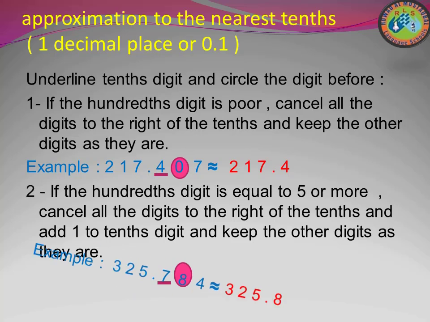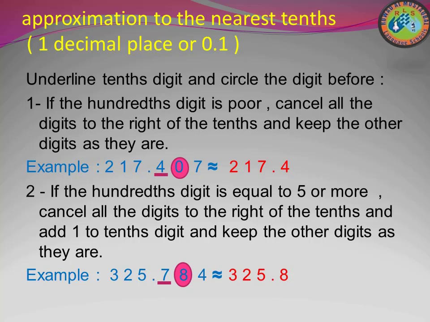Number 2, if the hundredths digit is equal to 5 or more, cancel all the digits to the right of the tenths, but add 1 to the tenths digit and keep the other digits as they are. Here, 325 and 784 thousandths, approximate it to the nearest tenths.